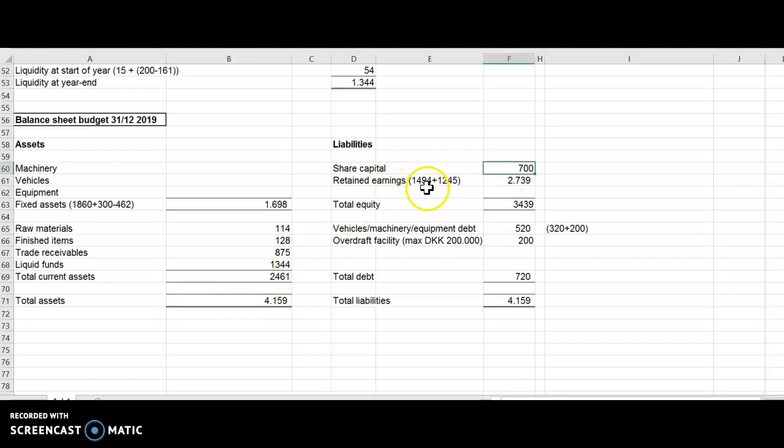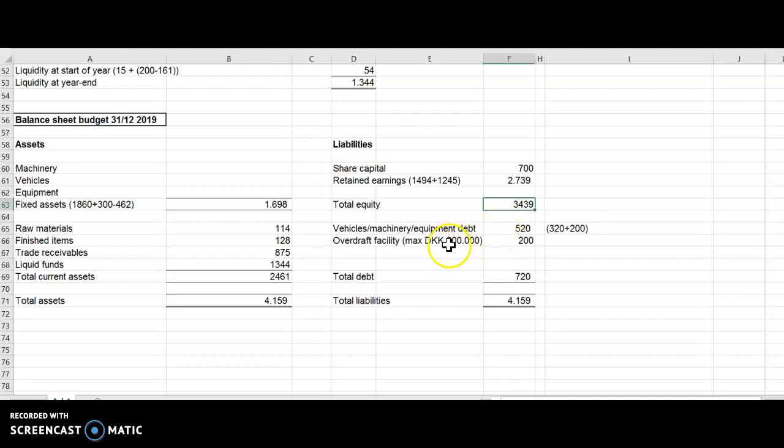Retained earnings was last year 1,494, and we add the profit of the year of 1,245 from the income statement. So this is our new retained earning. So this is our total equity. Then our debt increased by 200. It was the vehicle loan.